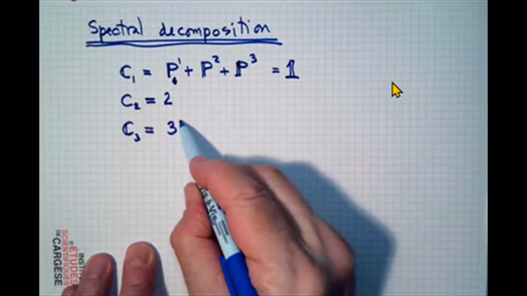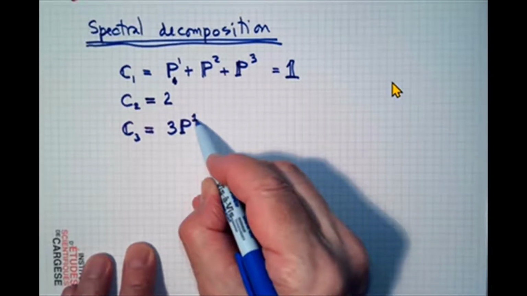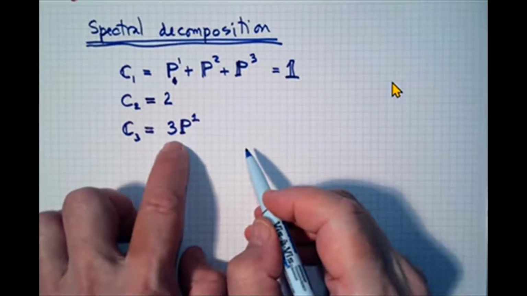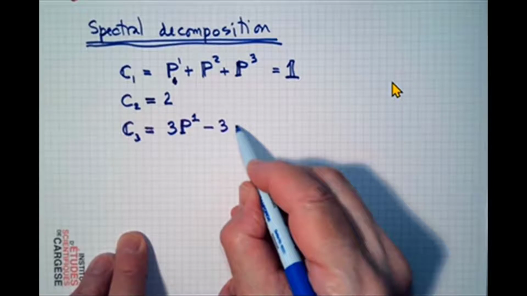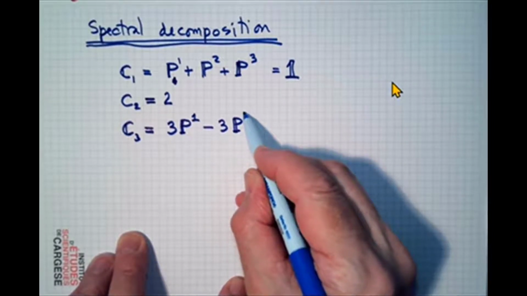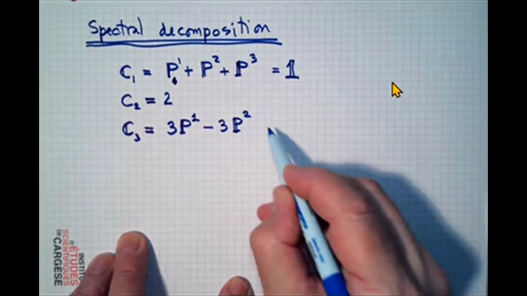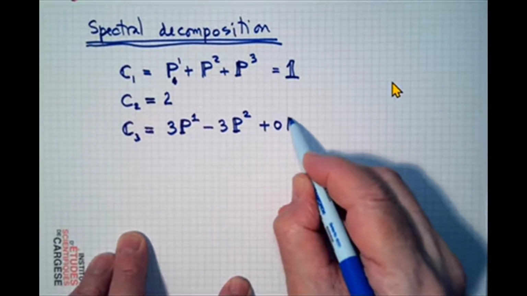We found that there was eigenvalue 3 on the first space. That's how we constructed it. Minus 3 on the second space. And then there was a 0 eigenvalue on the third space.